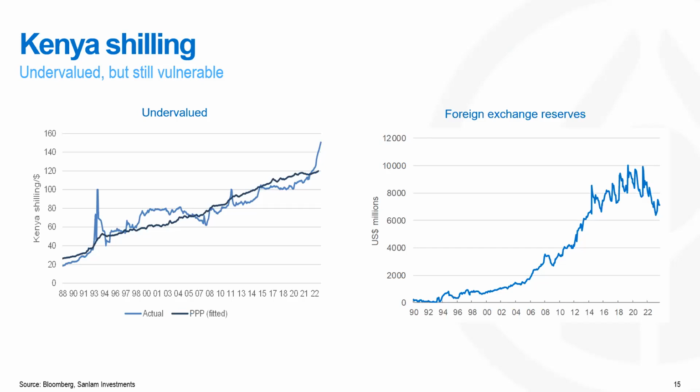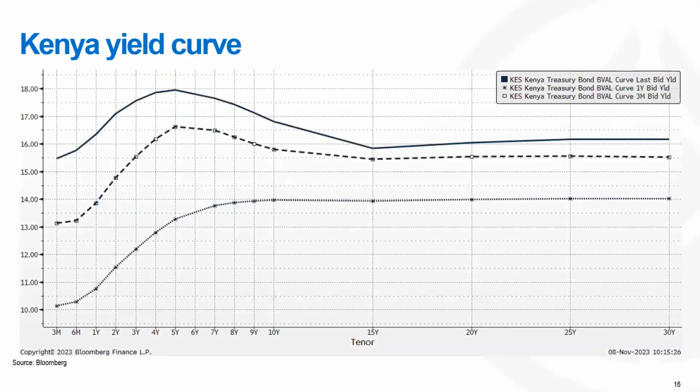At the same time, we've seen that dearth of foreign capital inflows beginning to be reflected in foreign exchange reserves declining. A falling level of foreign exchange reserves is never a good indicator for a currency. There has been a bit of stabilization of late, of course, with some official assistance, but nonetheless, that trend has been down, a little bit worrying. So we've seen the yield curve shift up. So this is about fiscal policy, in my view.